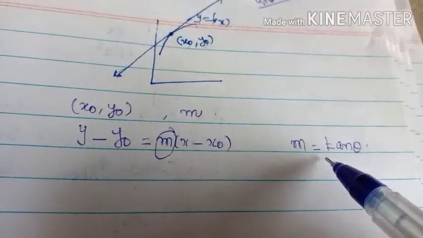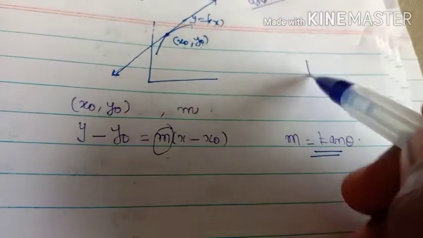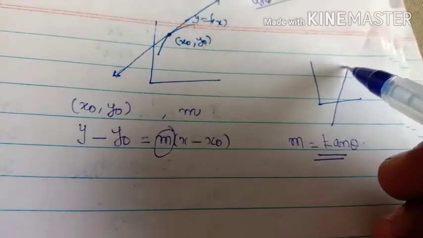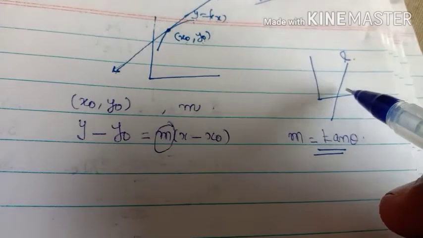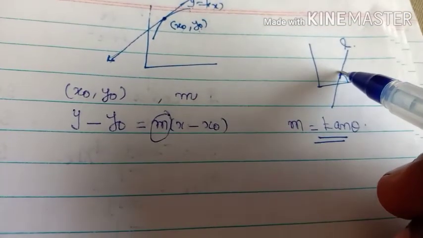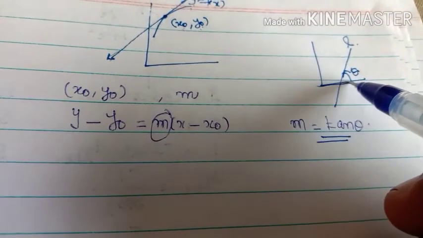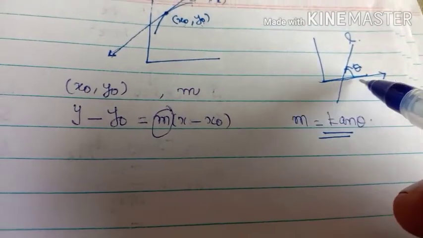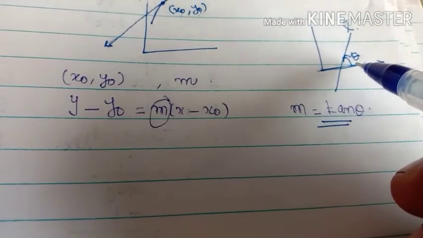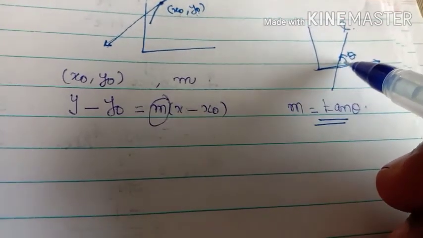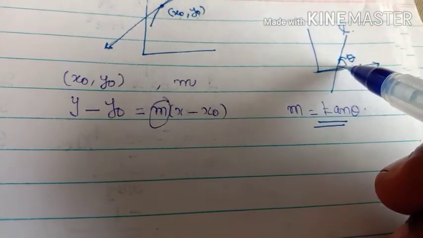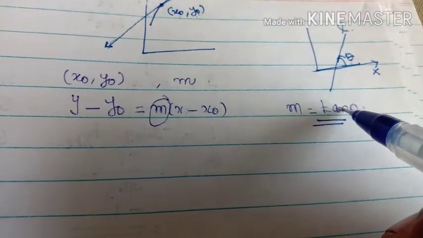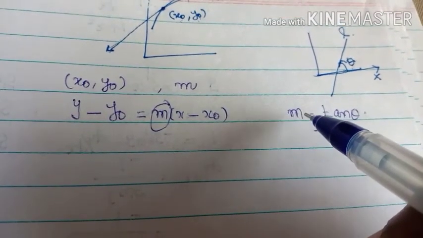Now listen, what is tan theta? Suppose we have a straight line L, and this line L makes an angle theta with the positive x direction of the x-axis. Now, the tangent of this angle, or tangent of this inclination theta, is actually our slope m.